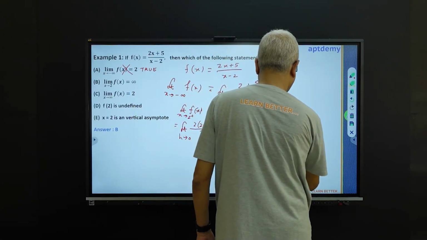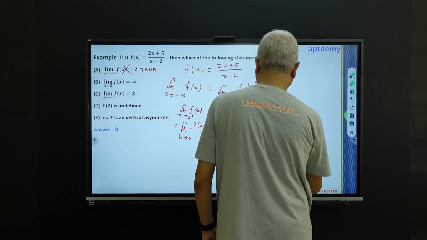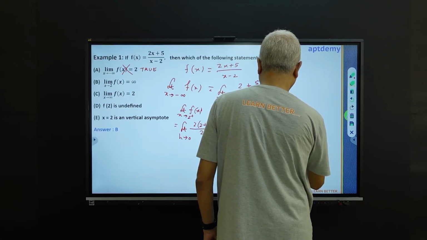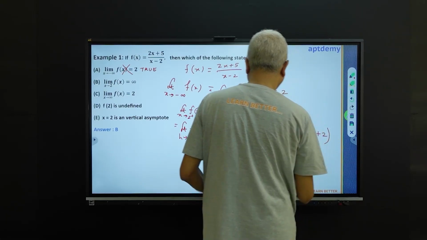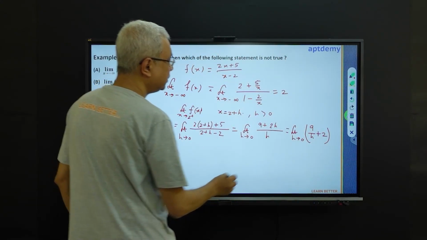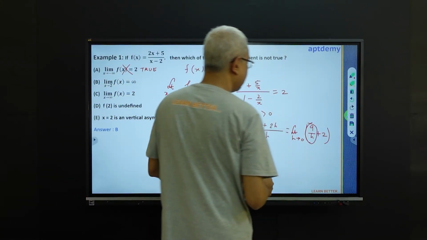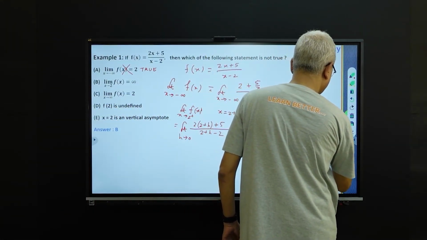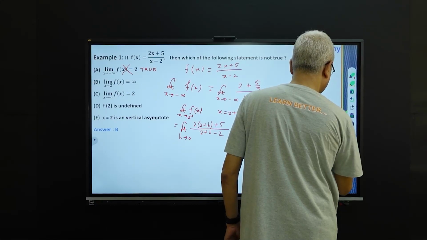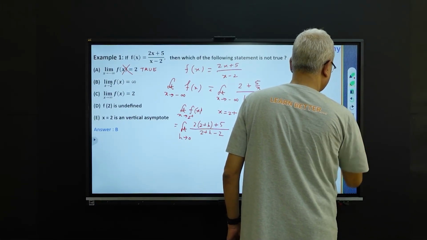So it is limit h tends to 0 of 9 by h plus 2. So this term, as h approaches 0, is plus infinity. So it is becoming positive infinity.